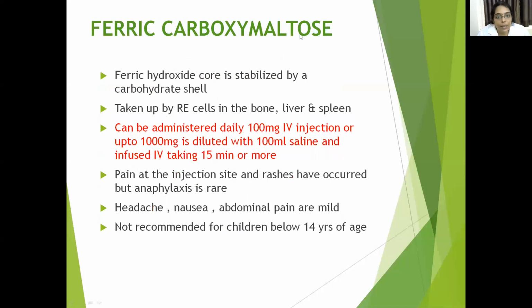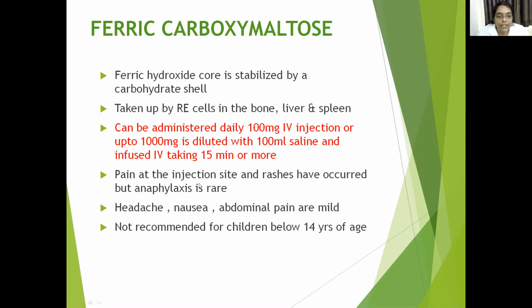Then ferric carboxymaltose. The ferric hydroxide core is stabilized by a carbohydrate shell. This is taken up by the RE cells in the bone, liver and spleen. Dosage: it can be administered daily as a 100 mg IV injection, or up to 1000 mg diluted with 100 ml saline and infused IV over 15 minutes or more.